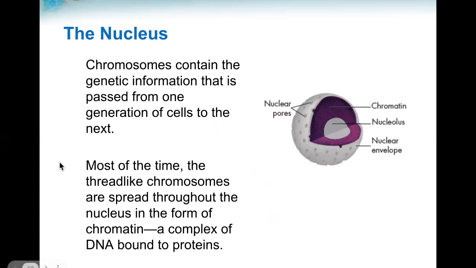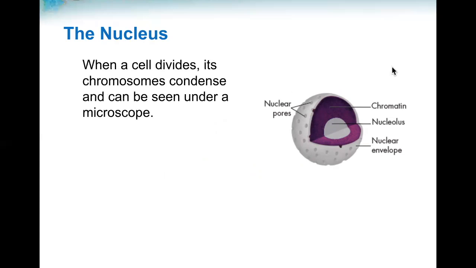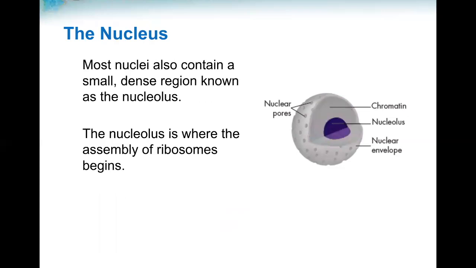Most of the time, the thread-like chromosomes are spread throughout the nucleus in the form of chromatin, a complex of DNA bound to proteins. When a cell divides, its chromosomes condense and can be seen under a microscope. Most nuclei also contain a small, dense region known as a nucleolus. The nucleolus is where the assembly of ribosomes begins.